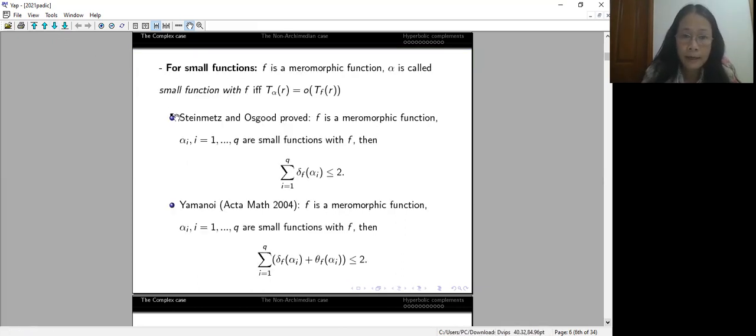So recently, Yamanoi, with a very intelligent method, improved the bound for ignoring multiplicity. So the question is whether we can get something similar for the p-adic case. Unfortunately, we can't. But I will introduce a little bit of what we can get here.